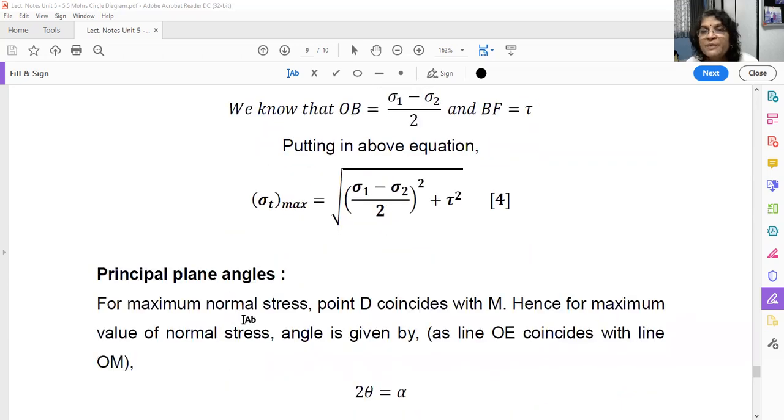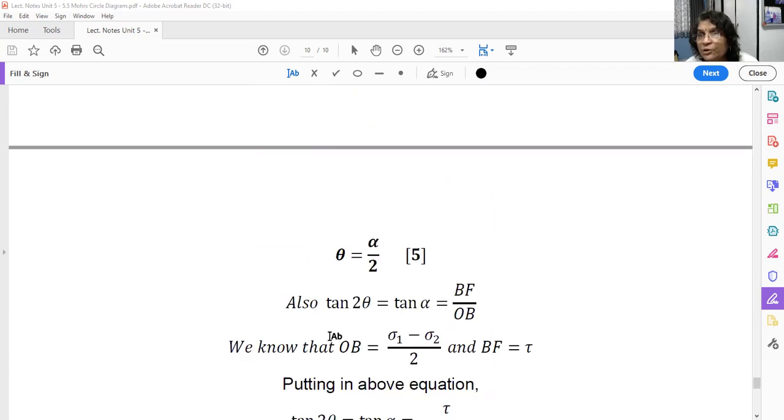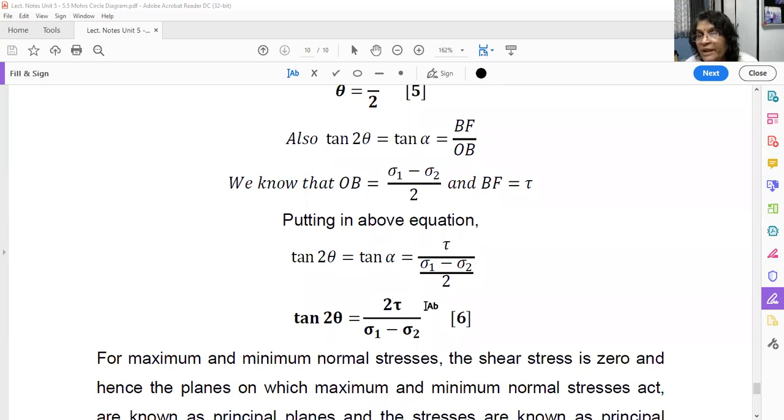Now the principal plane angles. For the principal plane for maximum normal stress, point D coincides with M. Hence, for the maximum value of normal stress, the angle is given as OE coincides with OM. So when 2 theta becomes alpha, at that time OD coincides with OE. Let us go to the diagram. So theta is equal to alpha by 2. Then you have to define this 2 theta.